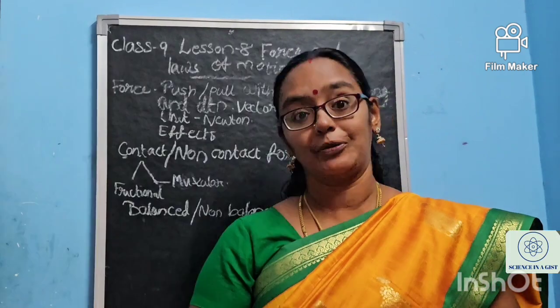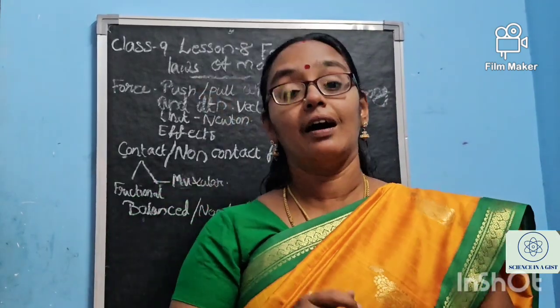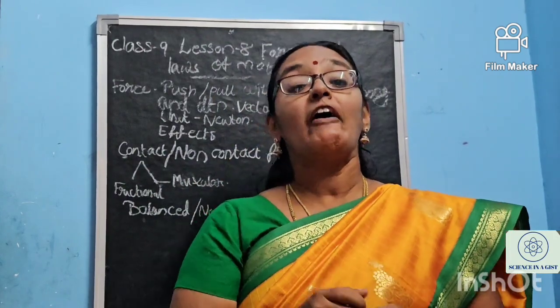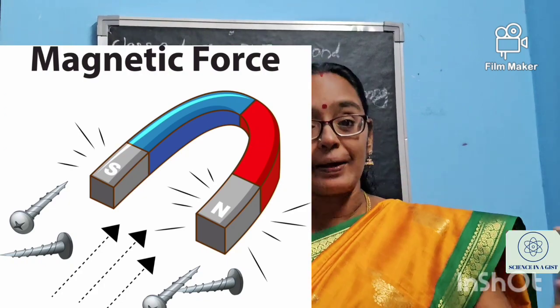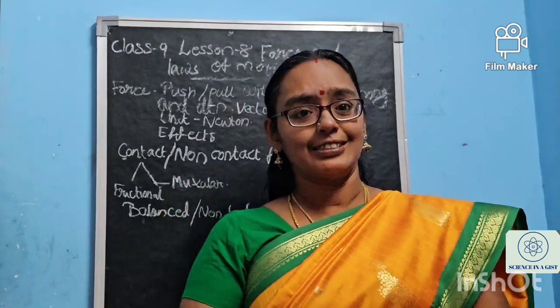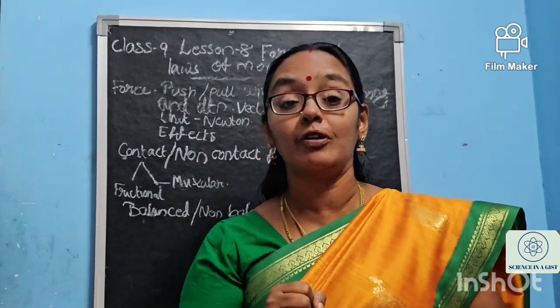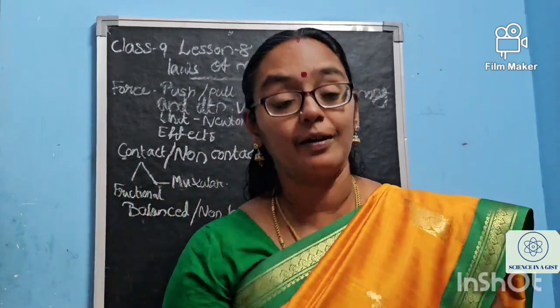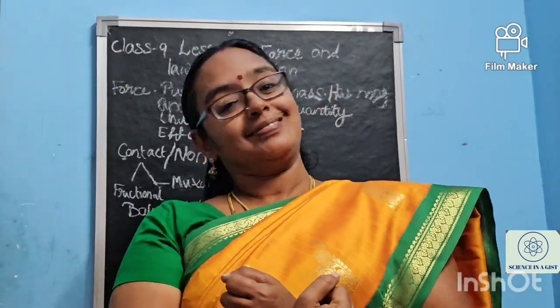Second is magnetic force. Even though the magnet is not in contact with the iron objects, wherever the magnet is, the iron comes into contact with it, right? Even if the magnet is at a large distance, if the magnet is much more powerful, the things attracted towards the magnet come and stick to it, isn't it?